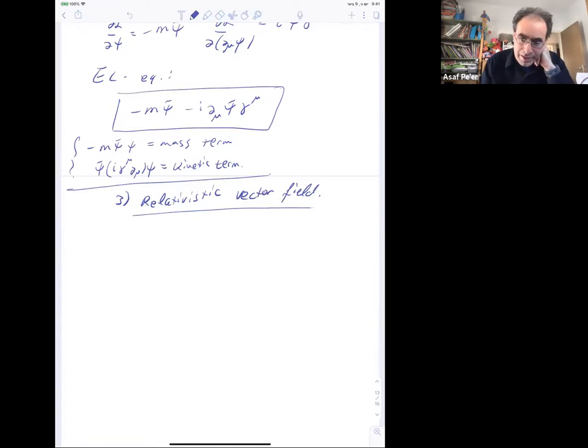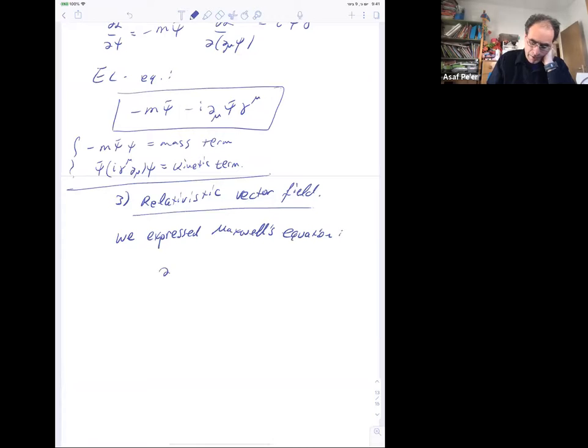Remember that when we discussed that, we express Maxwell's equation as d mu F mu nu equals j nu. Remember that F mu nu is just d mu A nu minus d nu A mu, and A mu is just phi.